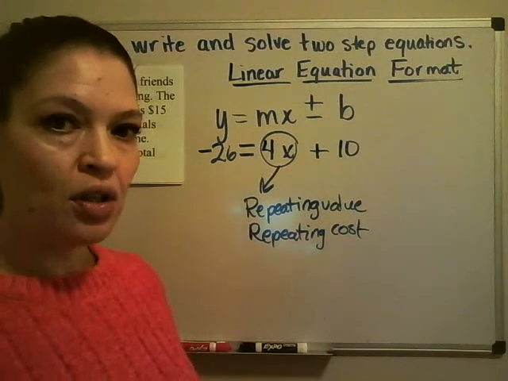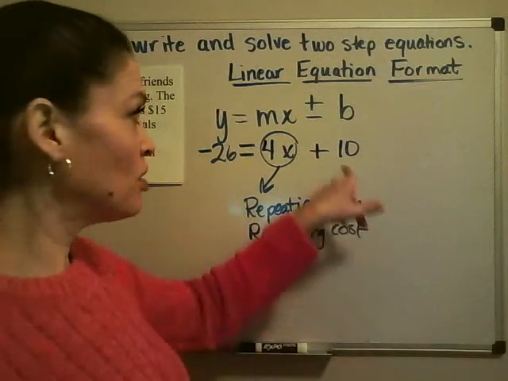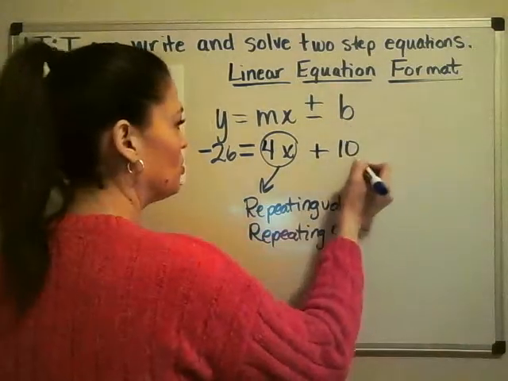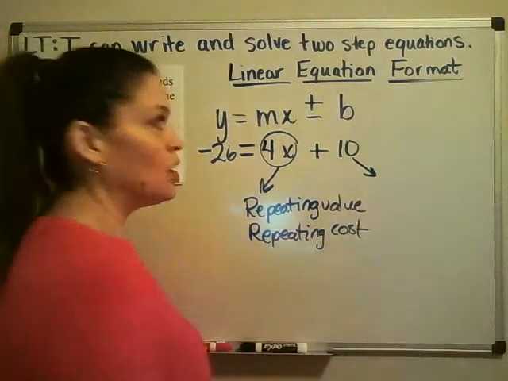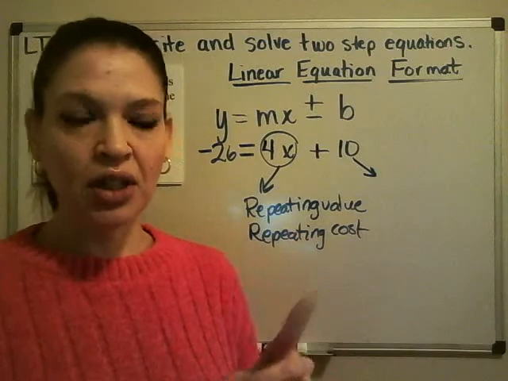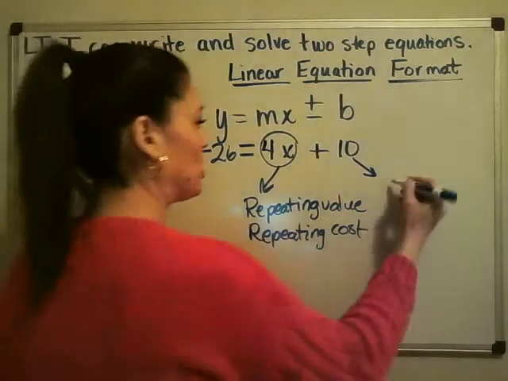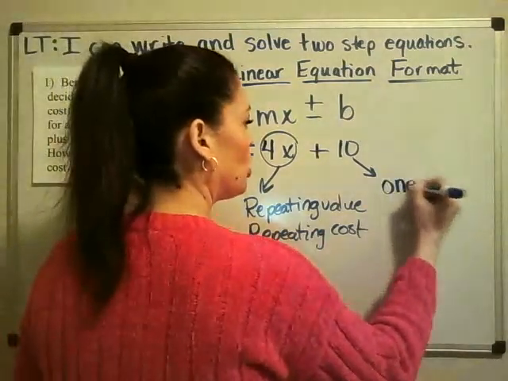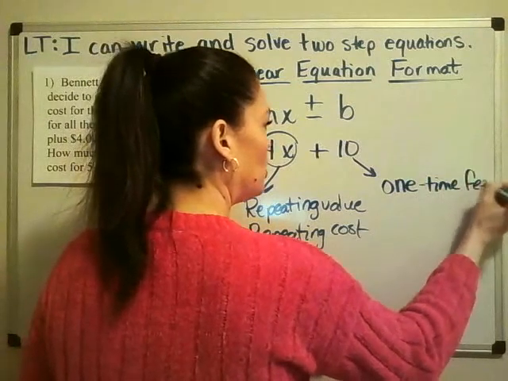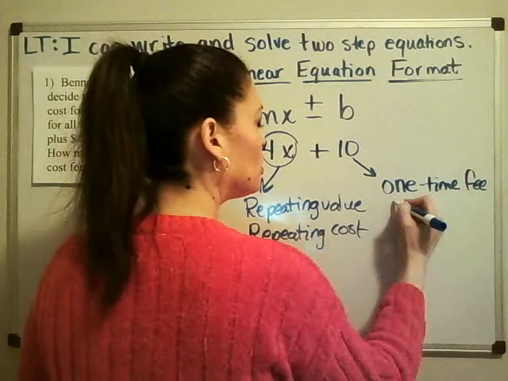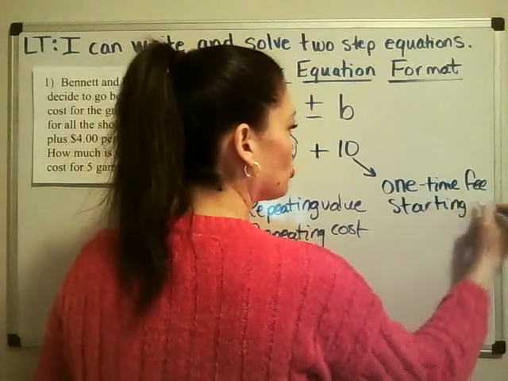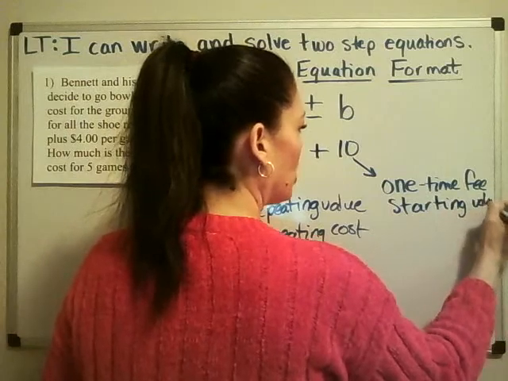Then the position of the constant, the 10, which falls under the b, is usually a one-time fee or a starting point, like a starting value, okay?